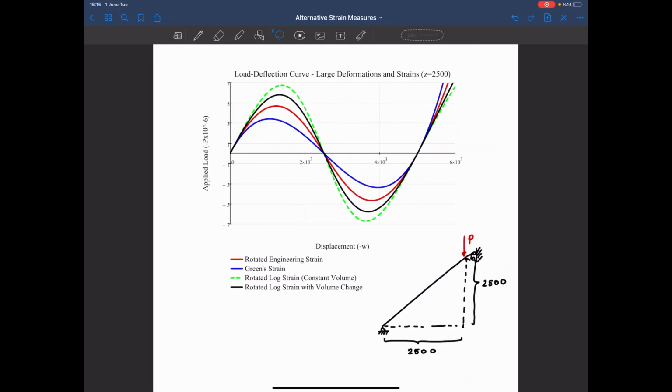Now, this is the comparison. So we apply the P, and this is the displacement. So when the displacement is equal to 2500, the P is equal to 0. So we are at this level. So this is that point.